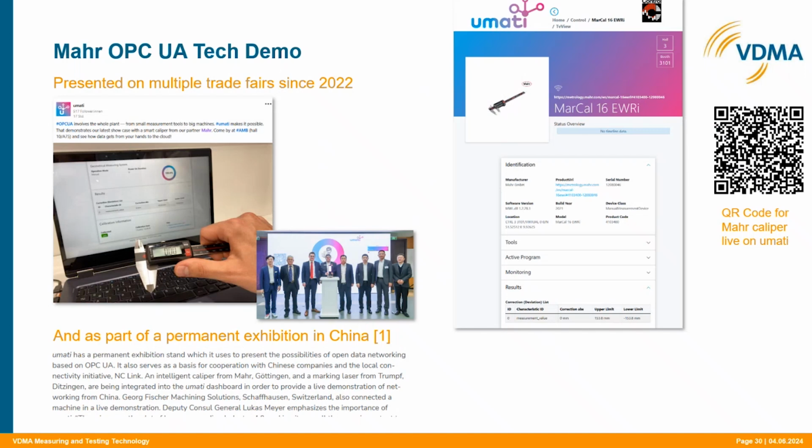Let me provide a few more examples. For instance, as I mentioned, GMS is not only a big, huge machine within the shop floor and also big within the production line or in a manufacturing center, it can also be a hand tool, a manual device. I'm very happy to bring you this picture, because within the framework of UMATI, you also provided a software component for a caliper.